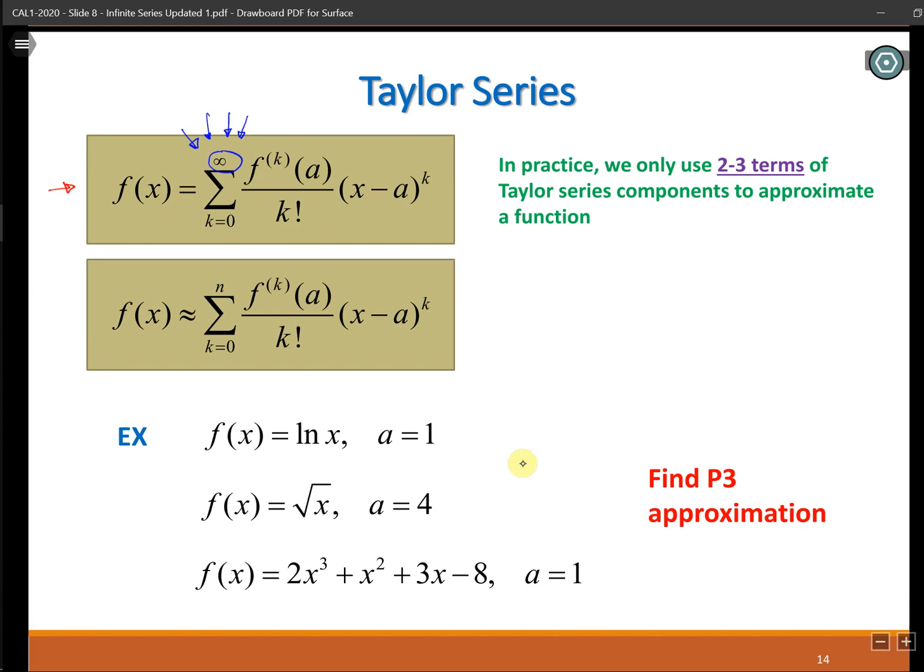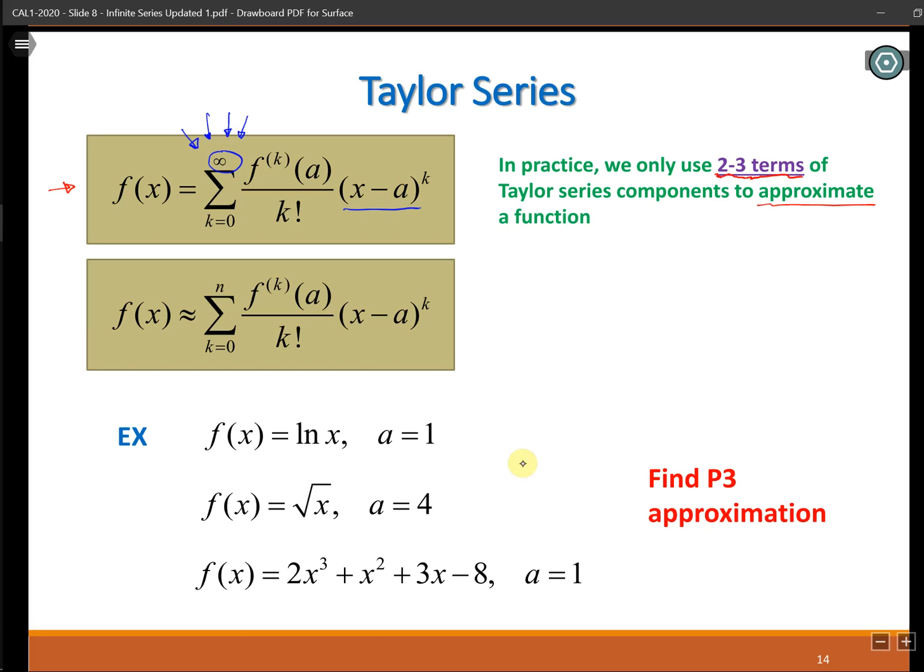Well, the polynomial term might look simple, but with the amount of terms we have here, it's not going to be easy. So this means that in practice we only use 2 or 3 terms of this to approximate. So this is the key. We usually only use 2 or 3 terms for the approximation of f(x).